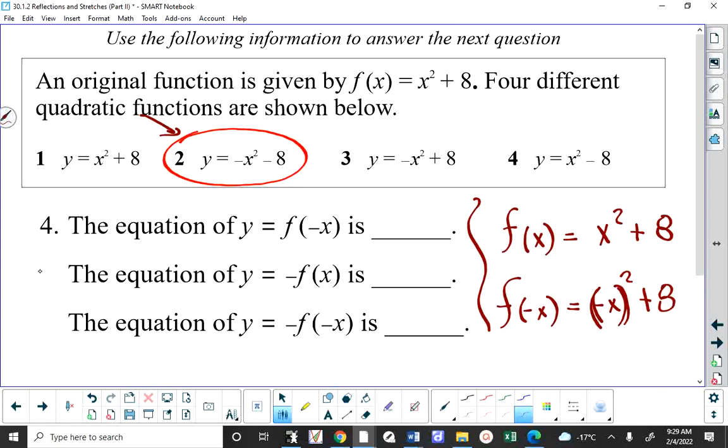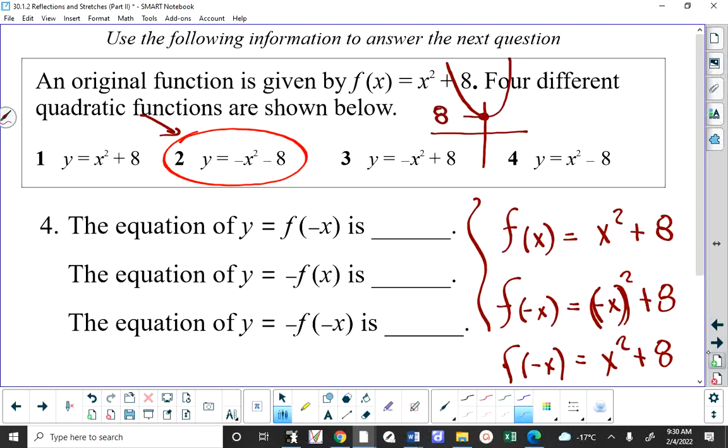So f of negative x, a horizontal reflection, gives you the exact same function. x squared plus 8 is a parabola that opens up with a y-intercept of 8, centered on the y-axis. So if I flip that horizontally, it's still going to look the same.